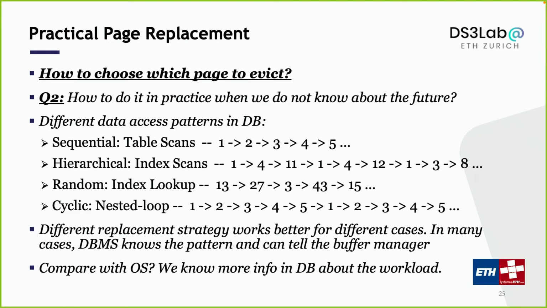There's also a fundamental difference between the buffer pool manager inside the database and the buffer manager inside the operating system. Because in your operating system course, we also talk about the file buffer, the file cache. So there's something similar inside the operating system.